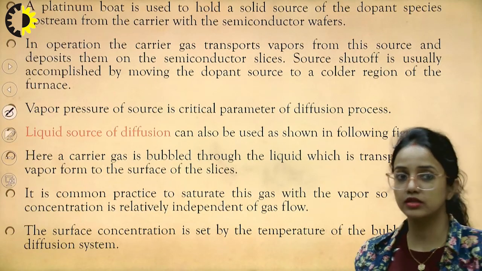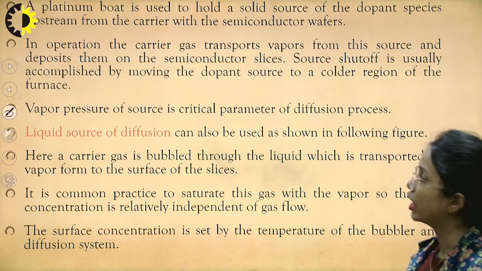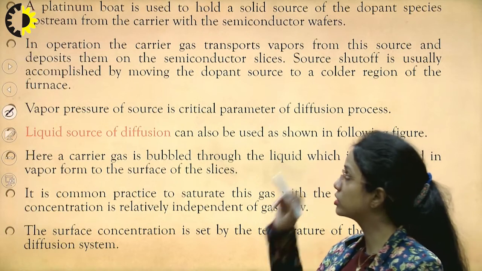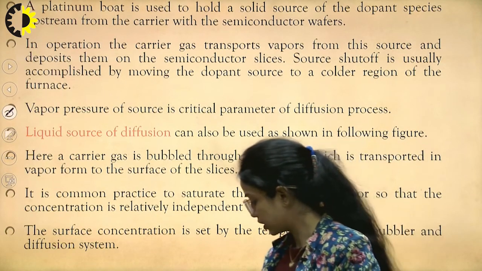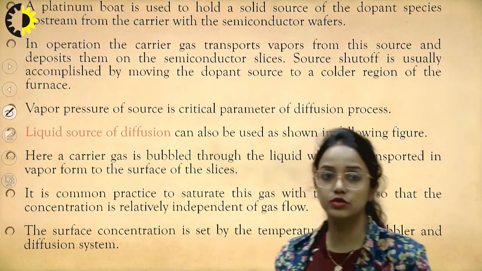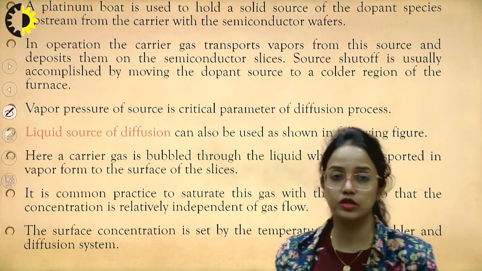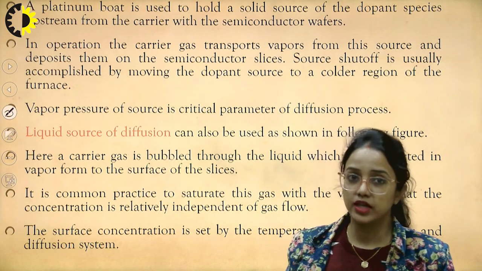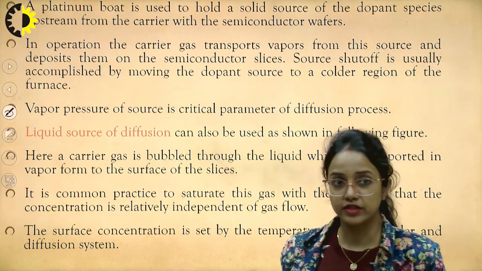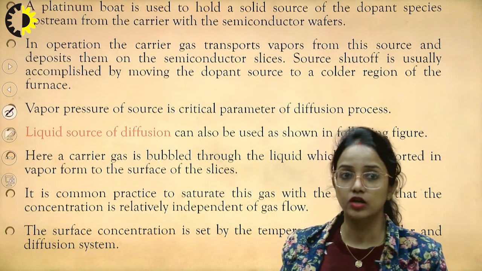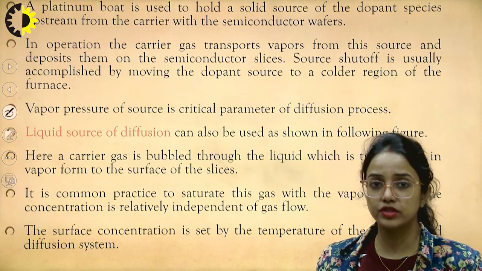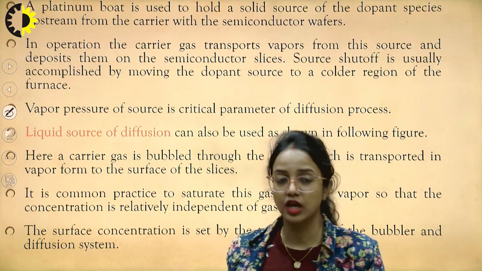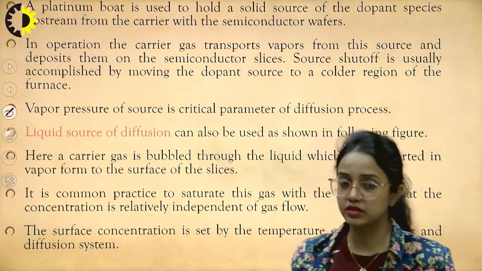So next is liquid source diffusion, and we can see the platinum boat is used here. The platinum boat is used to hold the source of the dopant species upstream of the semiconductor wafer. In operation, the carrier gas transports the dopant from the source and deposits it on the semiconductor slices.